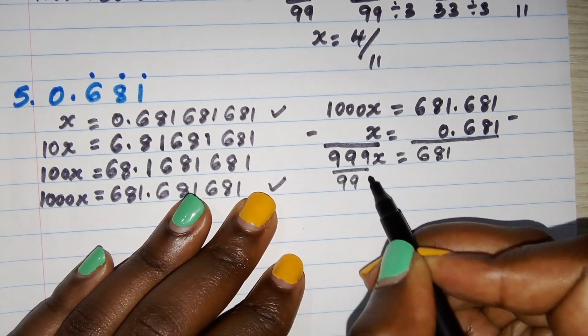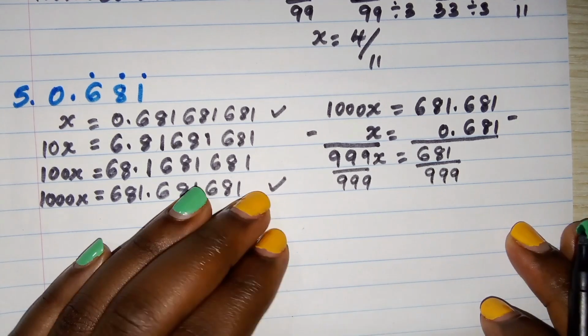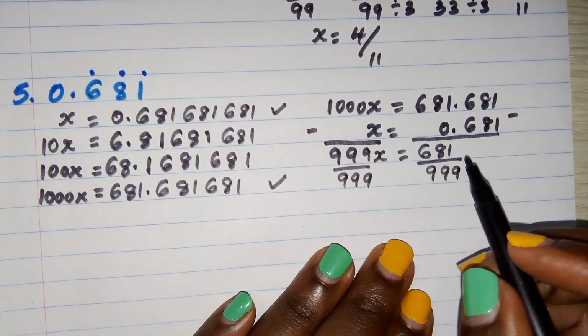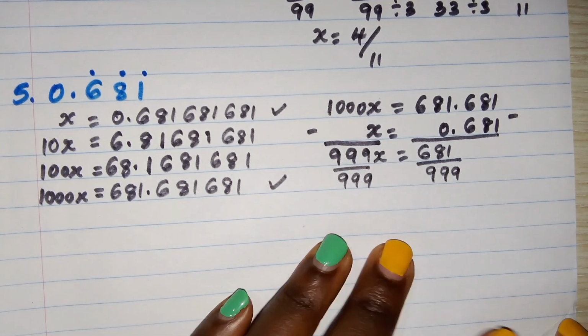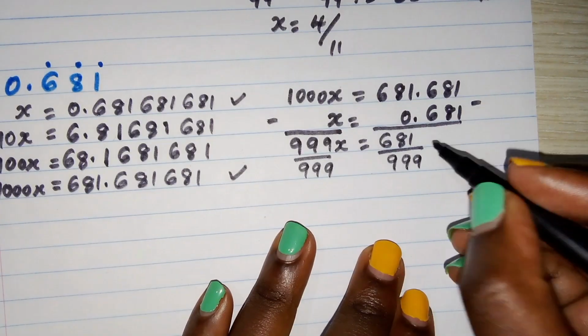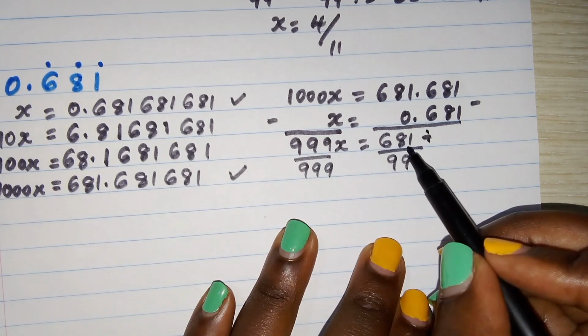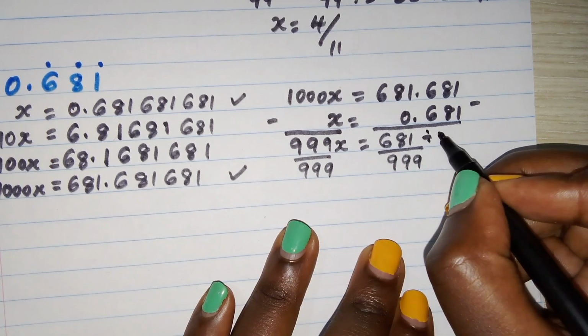Divide both sides by 999. And then we need to simplify this one. So we can divide both of them by, let's start by, I think 3 will work. Let's see, 6, 8, yeah.